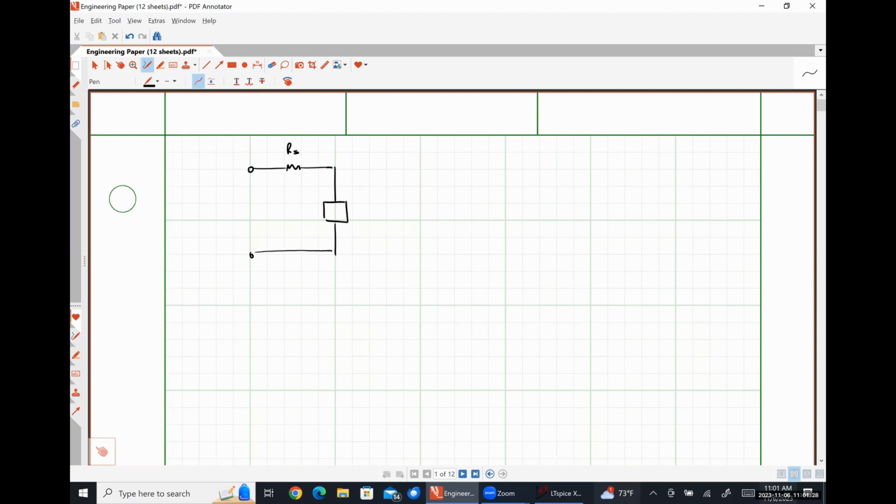So here we have our series connection. Looking into this terminal, we're going to wind up looking at both the impedance and the admittance, and we'll see why in a moment. The quality factor for the series connection, Q sub S, is the magnitude of the reactance divided by the resistance. And then over here, we have our parallel connection.